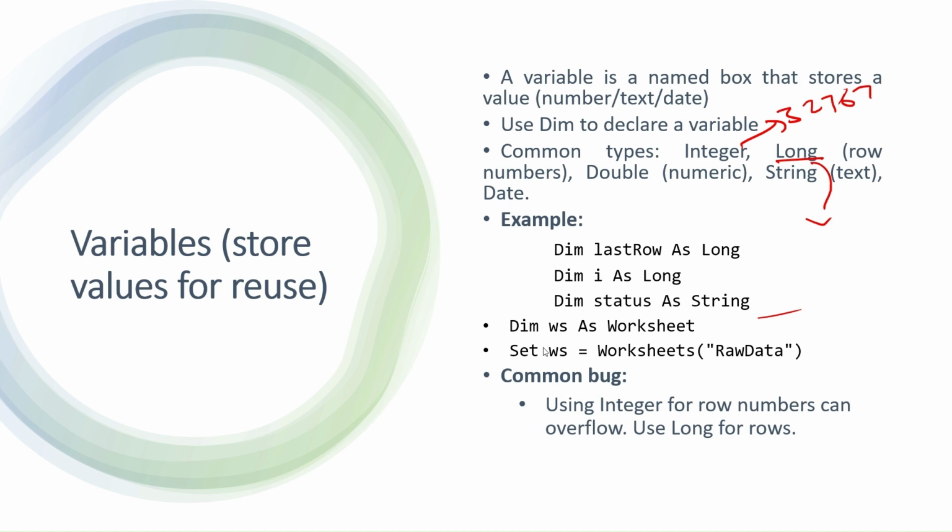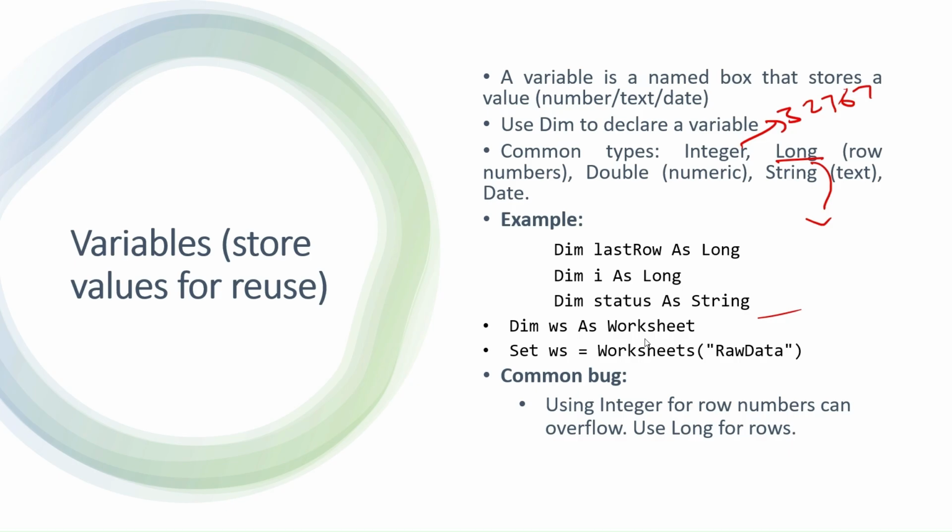And that WS is a worksheet, all right? So we are defining this variable as an object in that particular context. The WS variable is a worksheet, okay? This WS is a worksheet. It is not long, it is not string, it is not integer, but it is a worksheet.